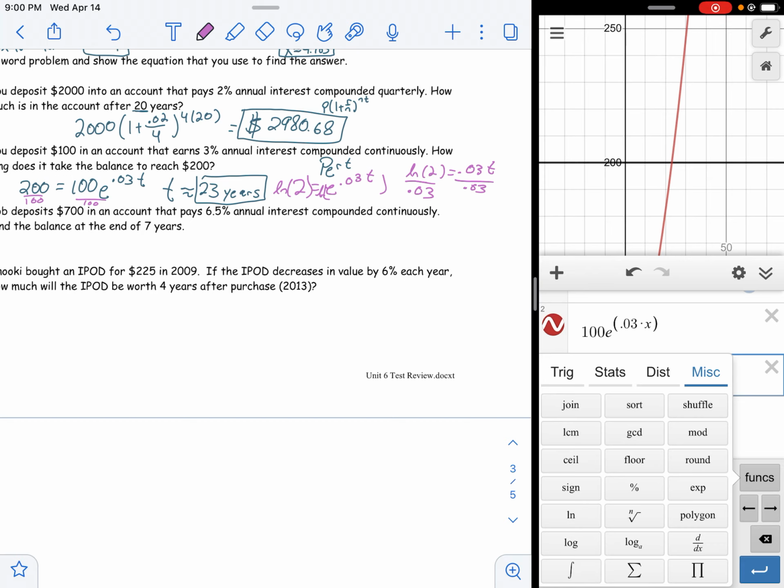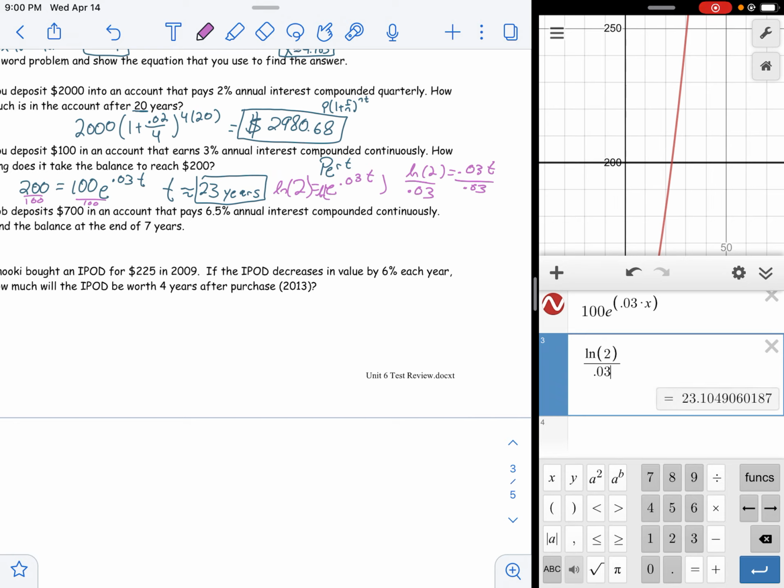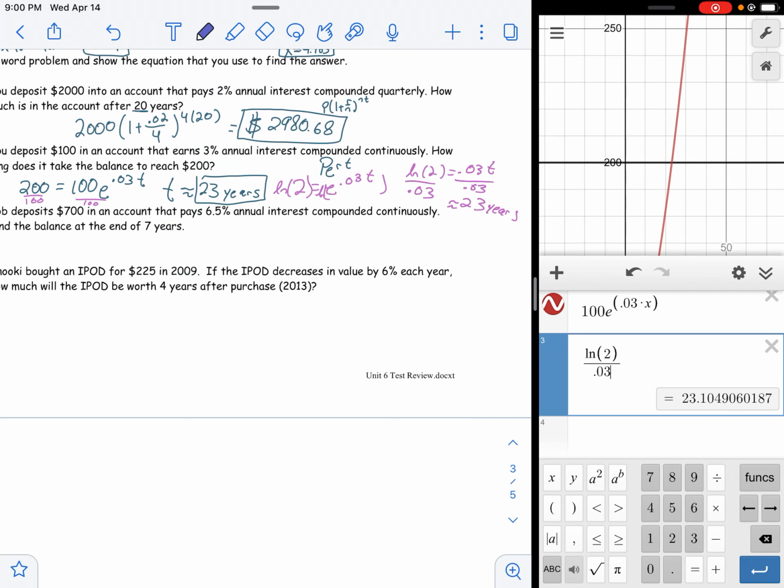Let's see what that gives us. So that's the natural log of 2, divided by 0.03. And there we go. So approximately 23 years again. So both cases work, right? Graph it or solve it by hand. Both awesome ways to do that question.